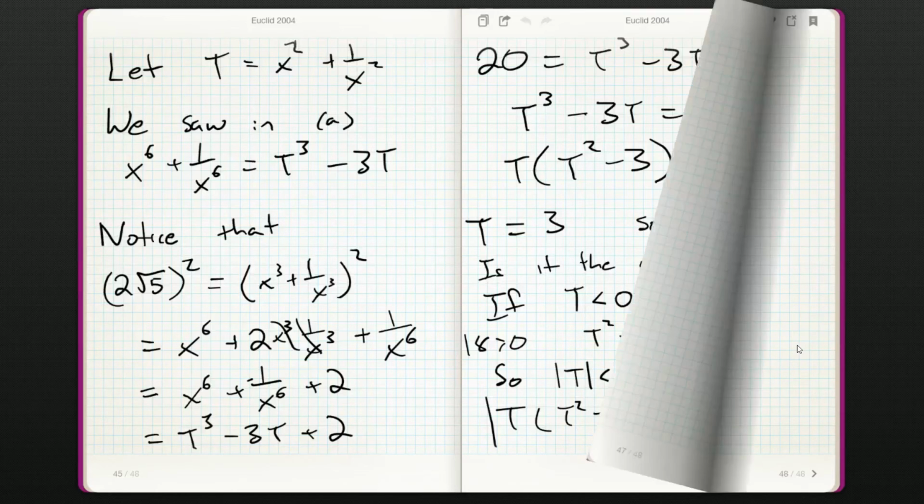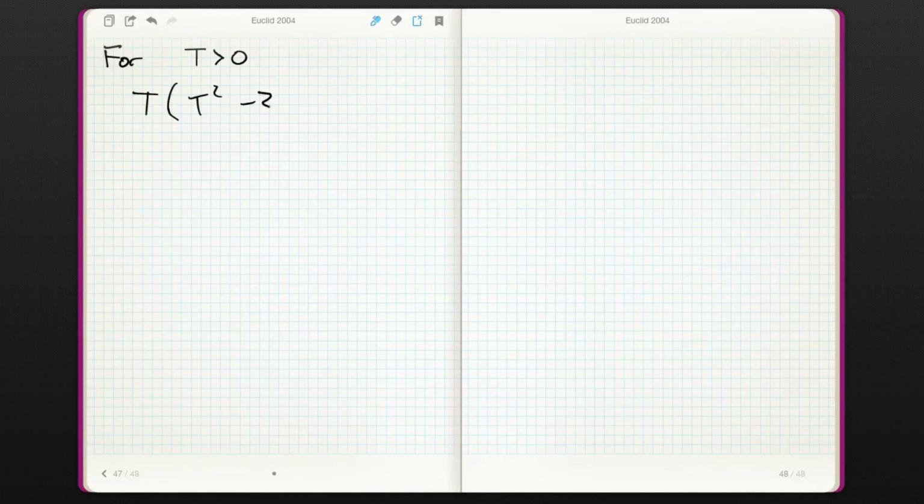Now how about positive solutions? For positive t, what's the equation? We got t squared minus 3 is equal to 18.